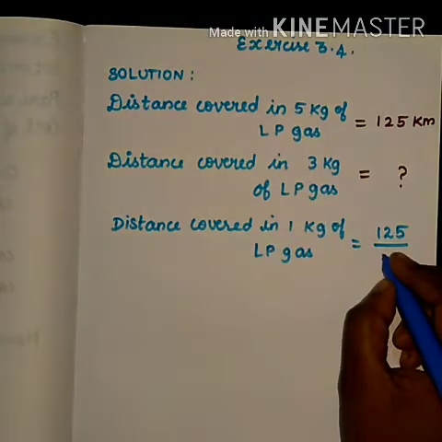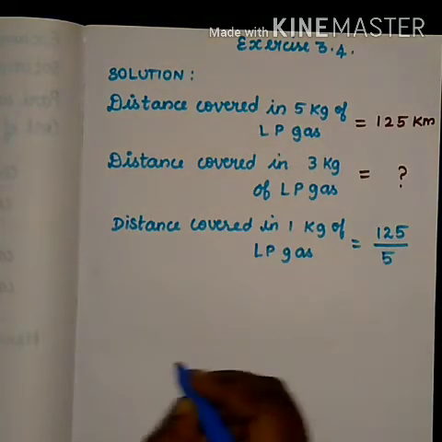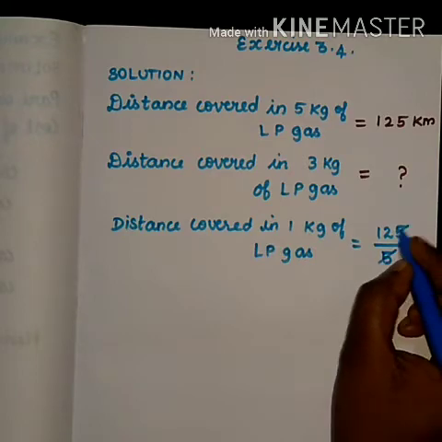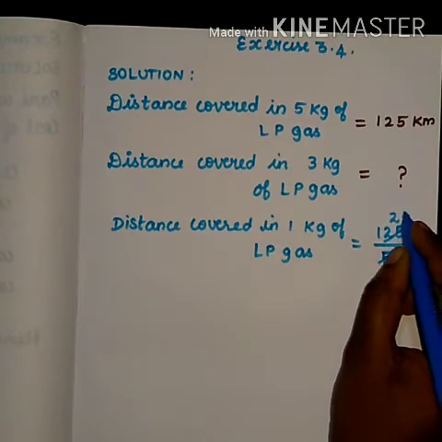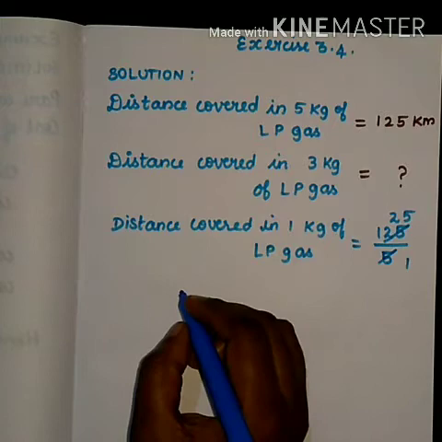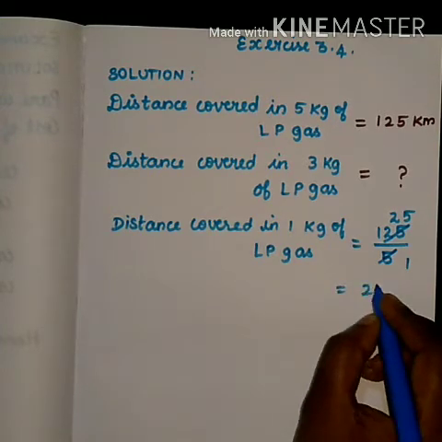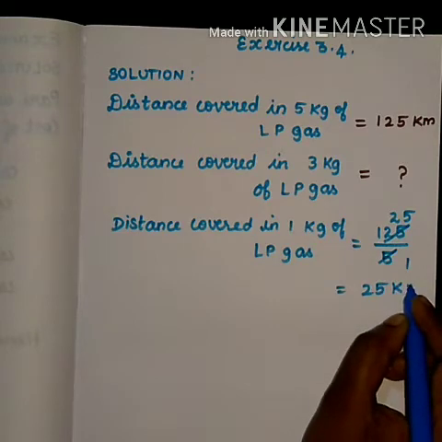5 kg of LP gas, that is 125 by 5. 5 ones are 5. 5 25s are 125. So, the distance covered in 1 kg of LP gas is 25 km.